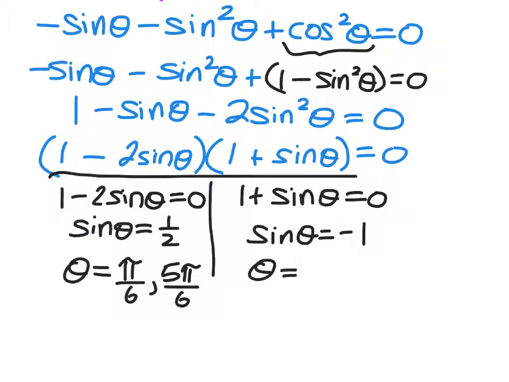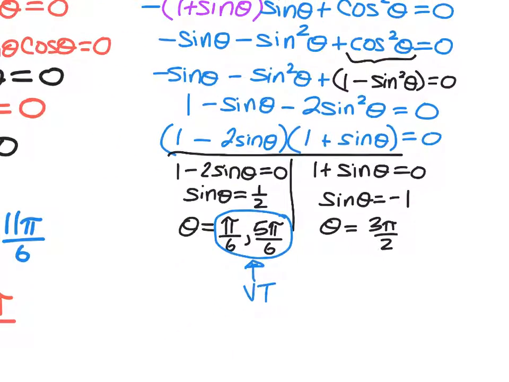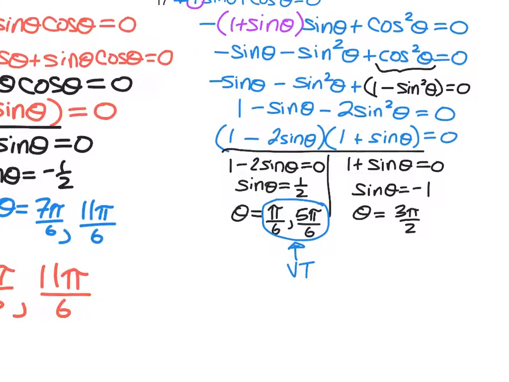All right. And the negative 1, we've already established that's going to be at 3 pi over 2, and that's the location of the cusp, so I don't have to address that. So it's these two here that are going to be the locations, in terms of theta, of our vertical tangents.